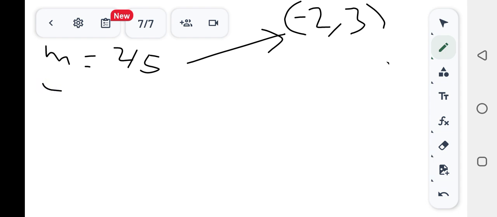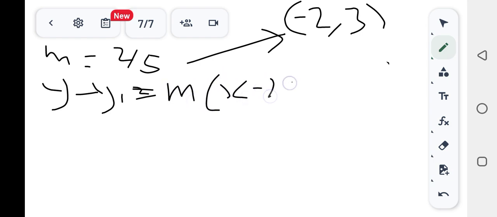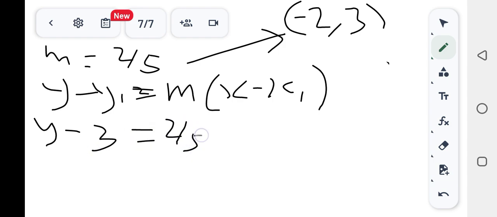So the equation is y minus y1 equals m times (x minus x1). You can use the other points and you will get the same thing. So I have y minus 3 is equal to 2/5 times (x minus -2). When you simplify this, the LCM is 5, so we multiply through by 5.